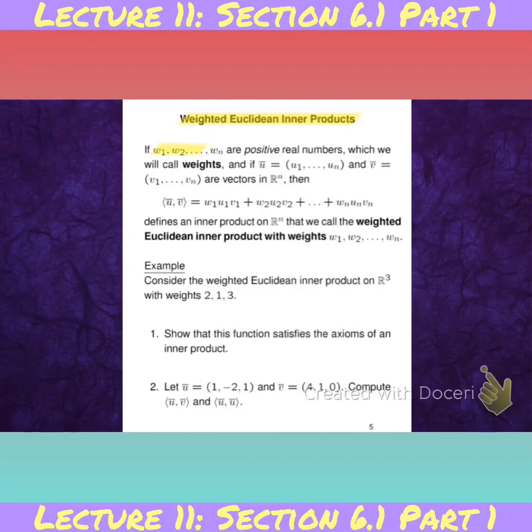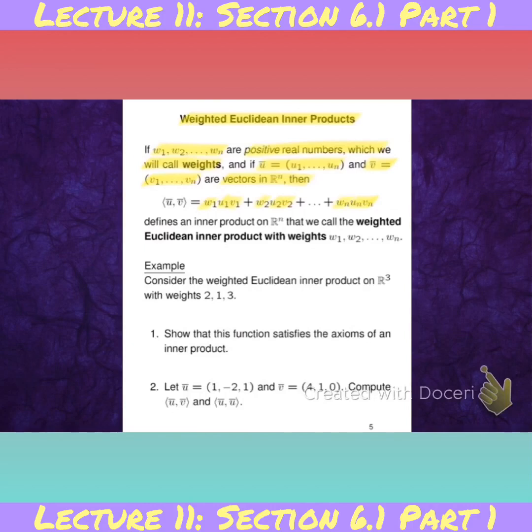So if you're given a sequence of real numbers w1 up until wn, they're all positive real numbers, and those we will call the weights, and you're given two vectors u and v in Rn, then we can define a special type of Euclidean inner product. How this inner product works is essentially it takes the dot product of u with v, and then each term in the dot product sum, we multiply with the respective weight.